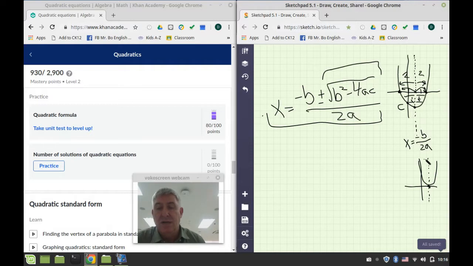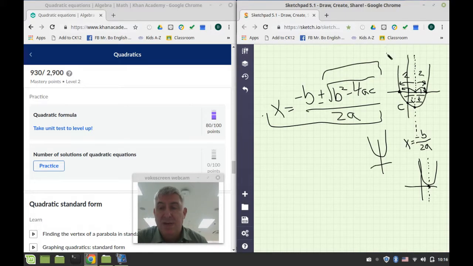Okay. And what happens if inside here is a negative number? We don't know how to do a square root of a negative number then. We'll get a parabola that looks like this. So we have three cases.